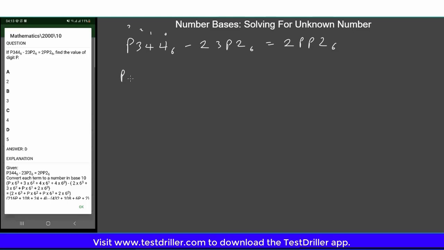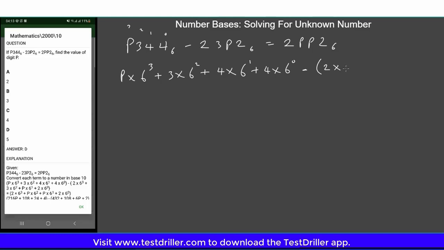So P times 6 raised to the power of 3 plus 3 times 6 raised to the power of 2 plus 4 times 6 raised to the power of 1 plus 4 times 6 raised to the power of 0. Then we want to subtract the following from it.